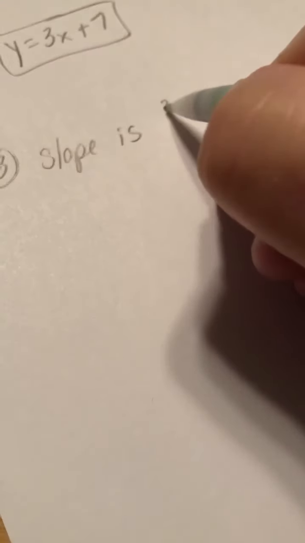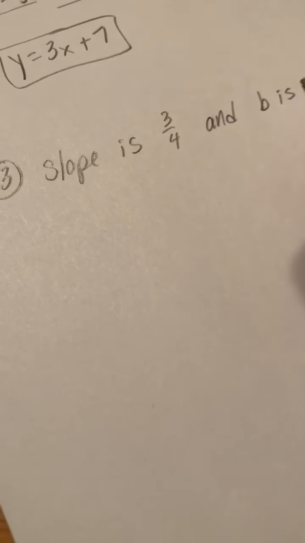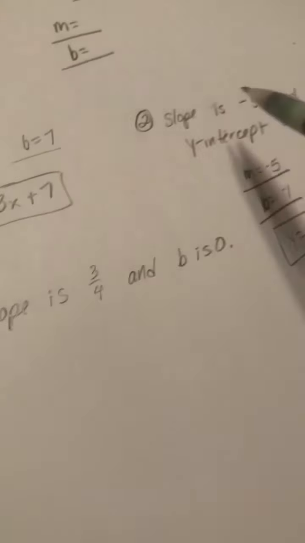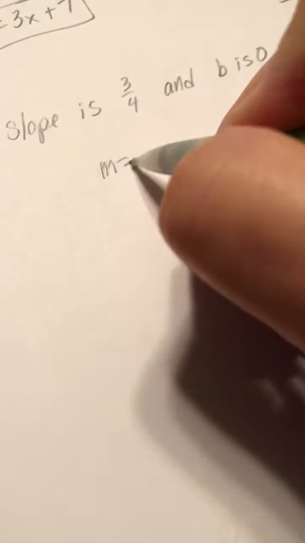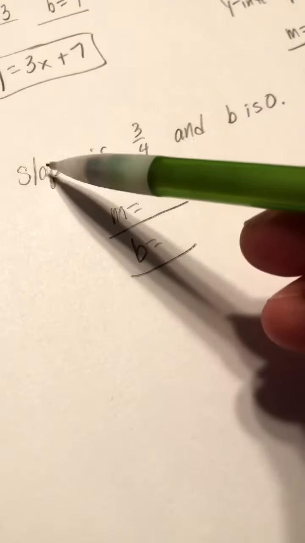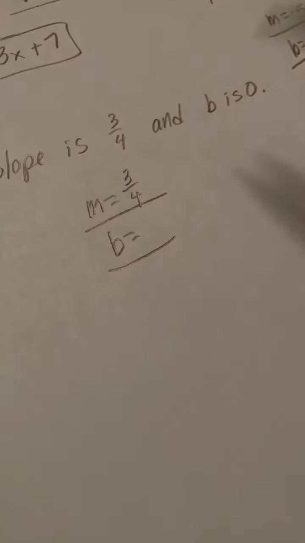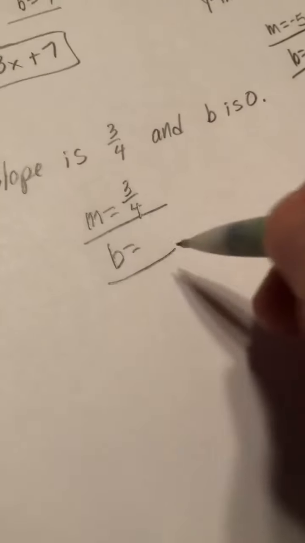So let's look at number 3. What if they tell us slope is 3/4 and B is 0? Now they've kind of intermixed it. Here they gave us slope and B. Well, it doesn't change our process. We're going to still find M, and we need B. We all know that slope is M, so we plug in our 3/4 in that blank, and B is 0.